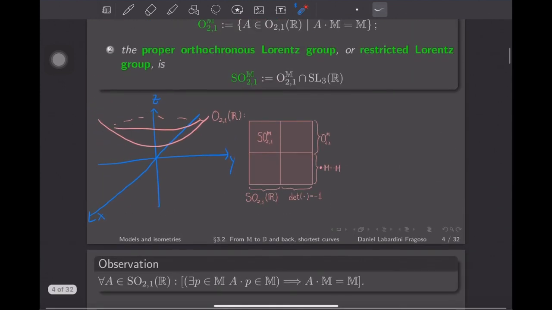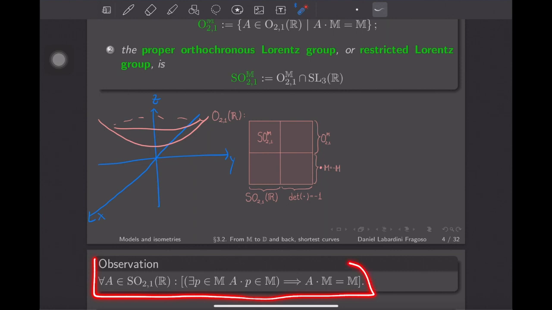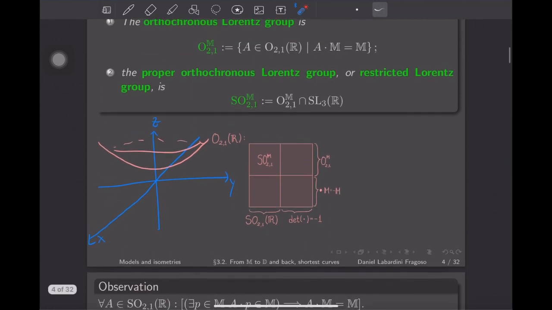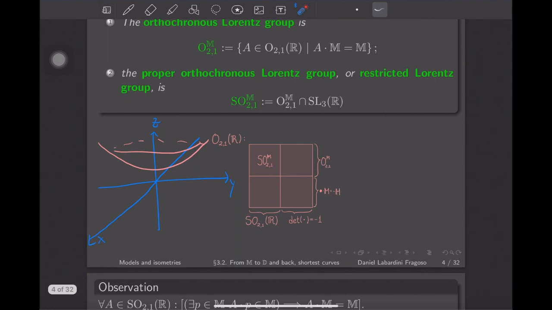Okay, now this observation. Just something about notation. The property of preserving M is indicated by writing M as a superscript, right?